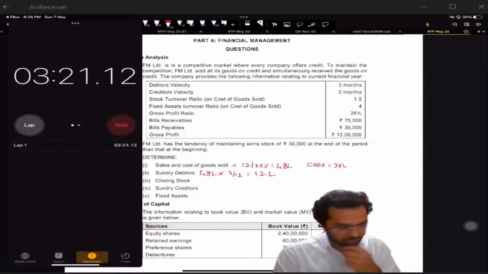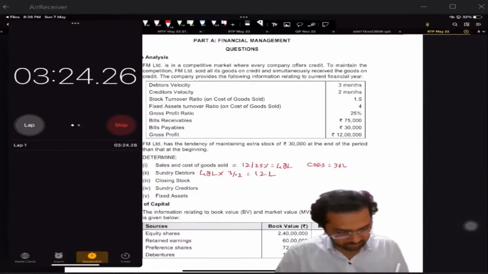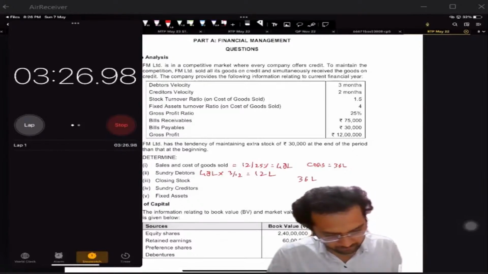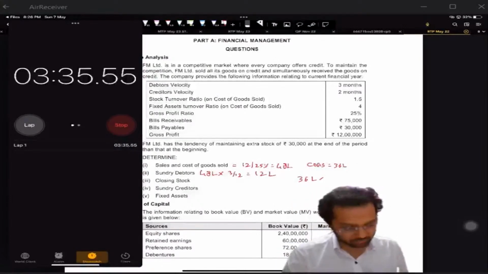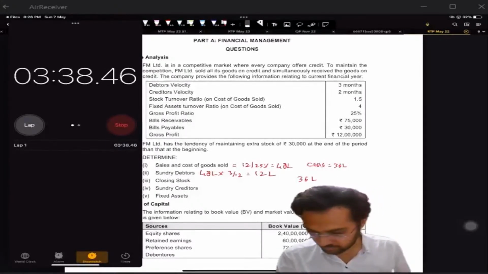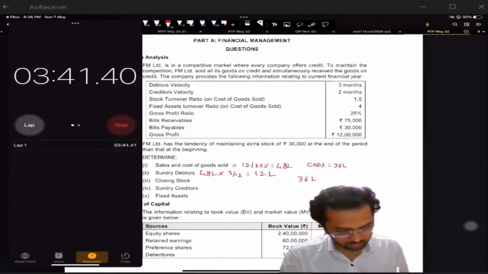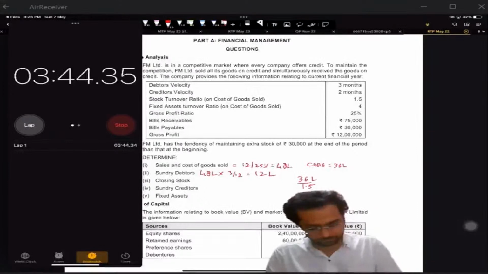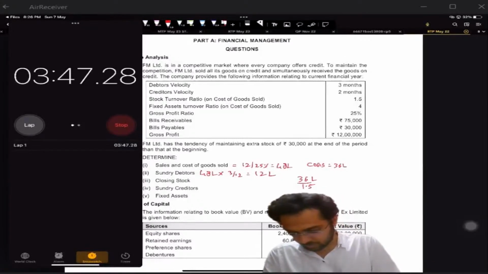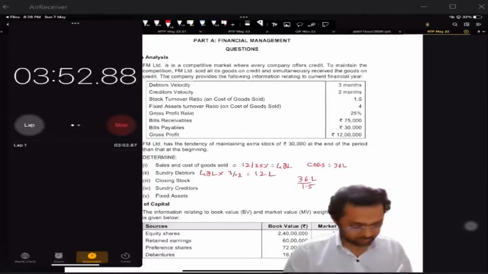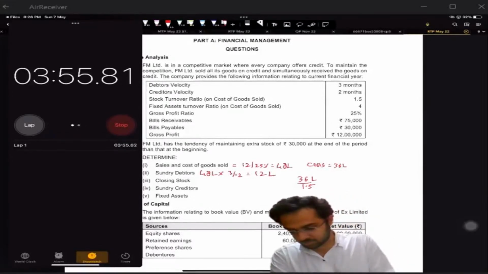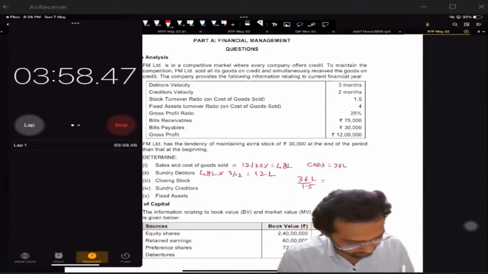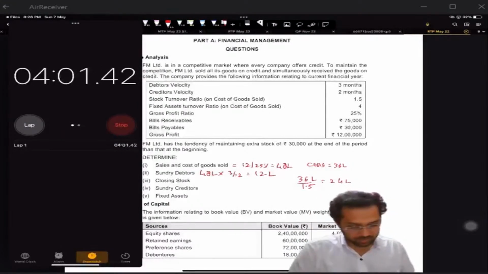Then closing stock, you can take help of COGS. For COGS, you will take 36 lakh divided by 1.5, since stock turnover on the basis of COGS is 1.5 times. 36 divided by 1.5 is 24 lakhs. 24 lakh is the average stock.